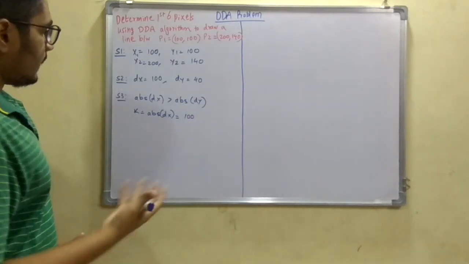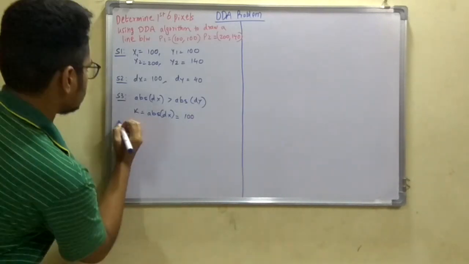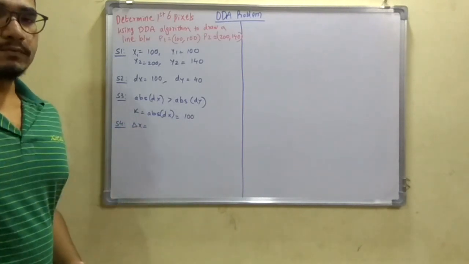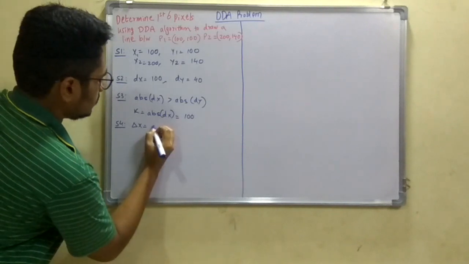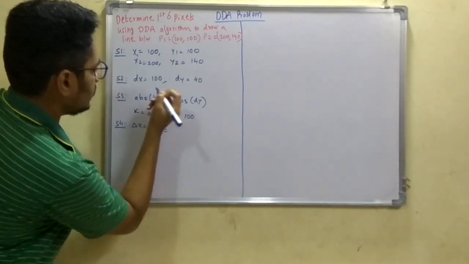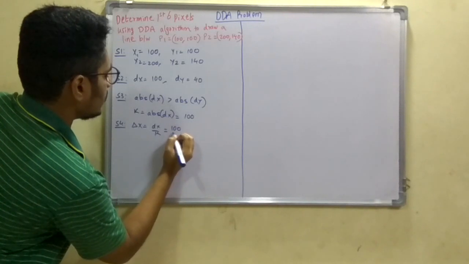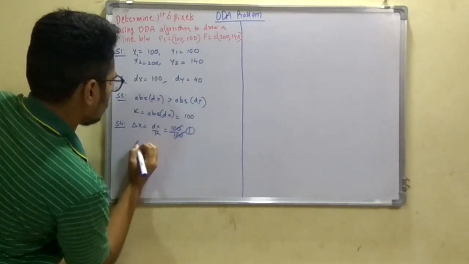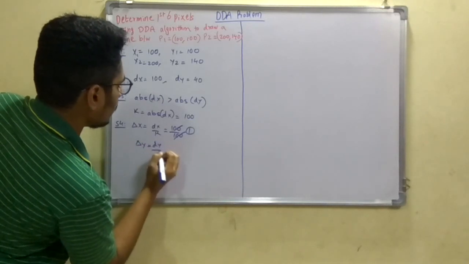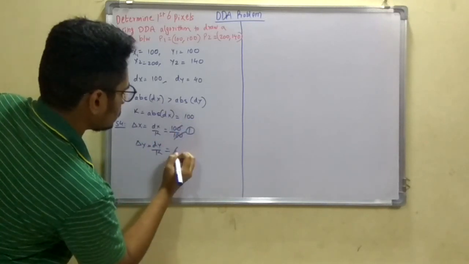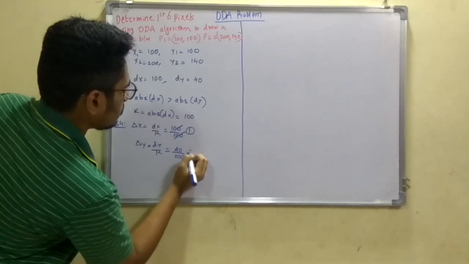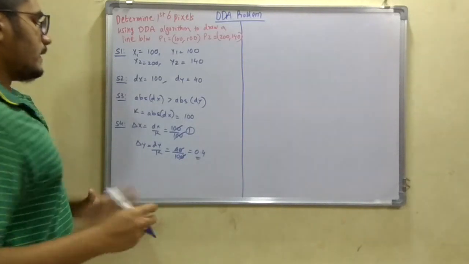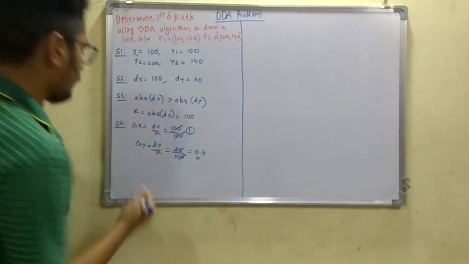Step 4 will be delta x, the amount by which x will be incremented. That is dx upon k. dx is 100 and k is 100, so it comes out to be 1. And delta y is dy upon k, that is 40 upon 100, which is 0.4. So we get these two values, delta x and delta y.